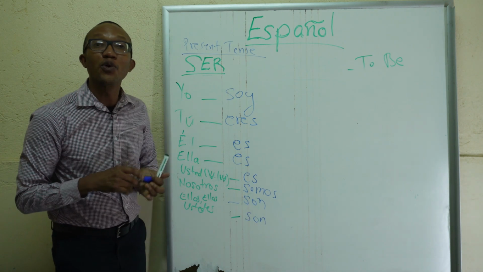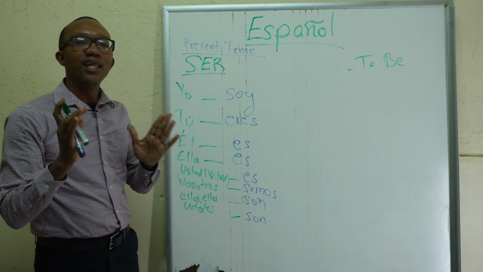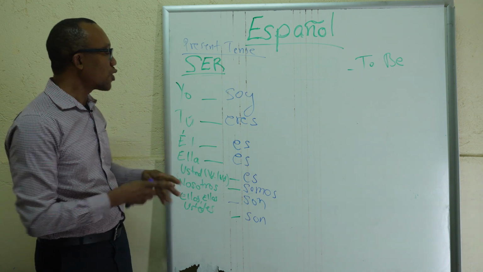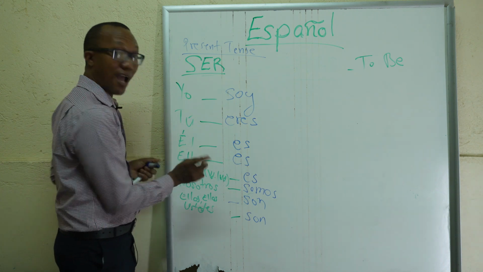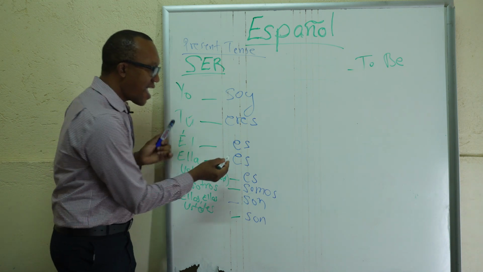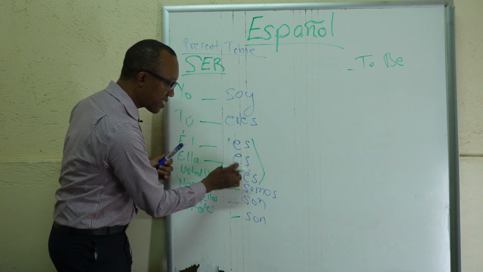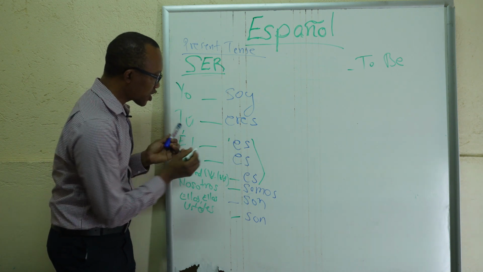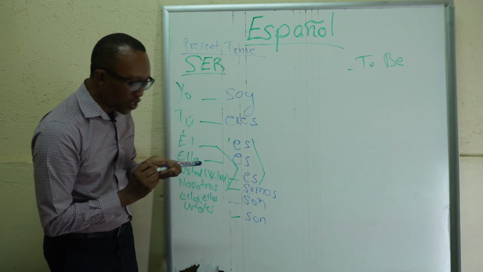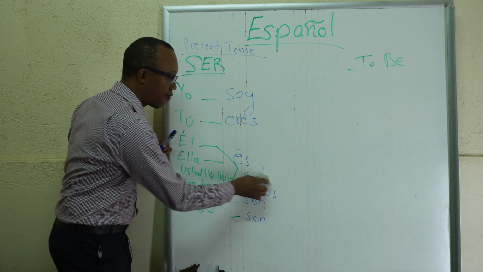And why am I saying good news? It's good news because you will have fewer things to remember in terms of the forms. So you see right now that él, ella, usted have the same form, es. So therefore we can actually just remember that all three will have just one form of the verb.